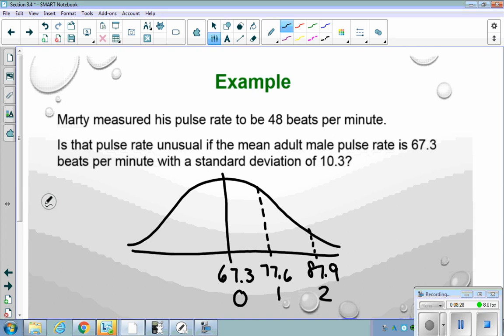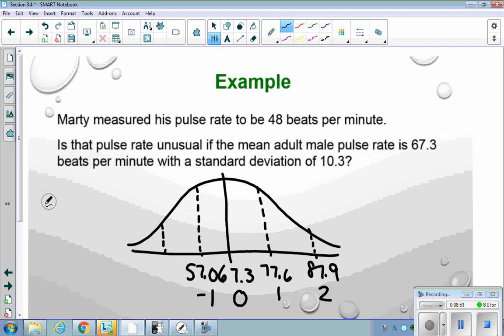Then I have to build the other side of my curve. I'm going to take 67.3 and subtract 10.3, and I'm going to get 57.0. Okay? And I'm going to go one more. This is my -1, correct?